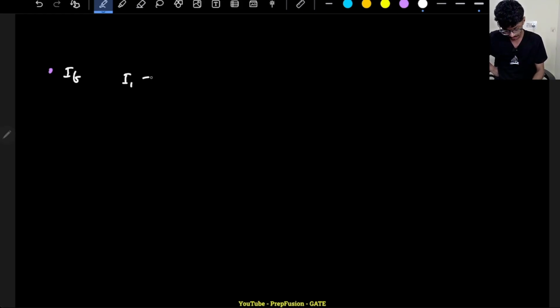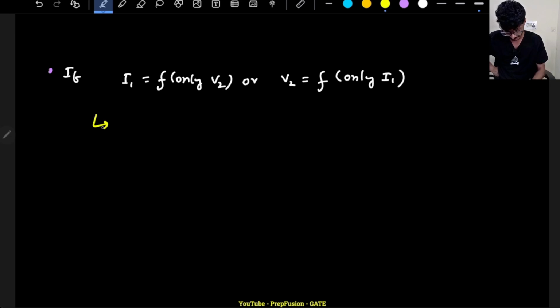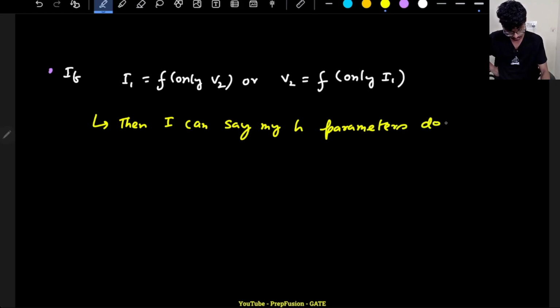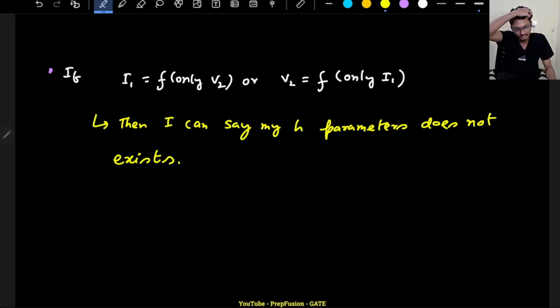If my I1 is only a function of V2, or if my V2 is only a function of I1, then I can definitely say my H parameters or hybrid parameters do not exist. Okay, so this is one thing you have to keep in mind.